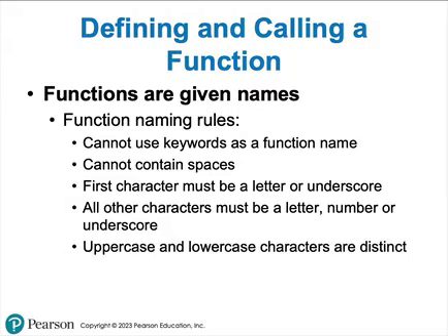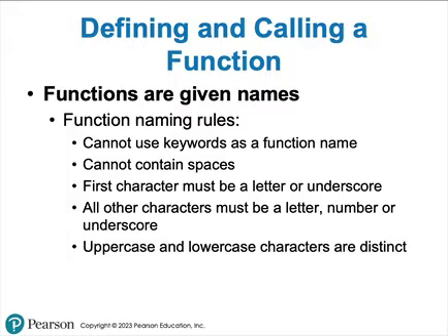So a moment ago I said you take a section of code or a block of code, group it together and give it a name. So that's the function name. You cannot use any predefined keywords, like you can't create a function called print or input, for example. It cannot contain spaces.